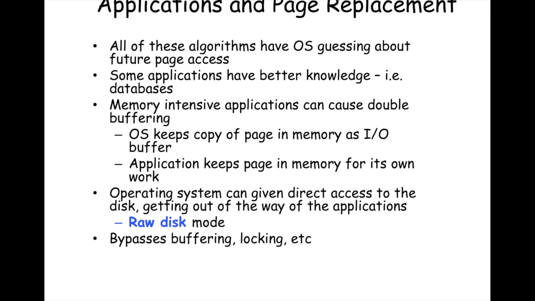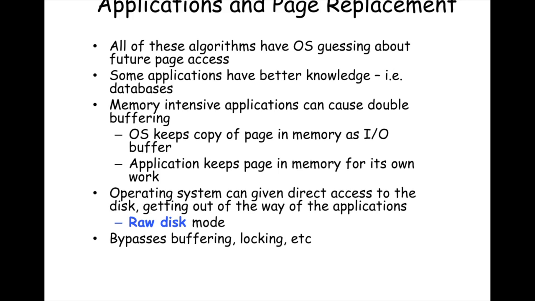Okay. So when we last left off, we talked about applications and page replacement. And we said one approach is to keep a buffer of pages available in memory, or rather a bunch of frames in memory, so that when an application refers to a page, there is an available pool of frames that can be allocated.